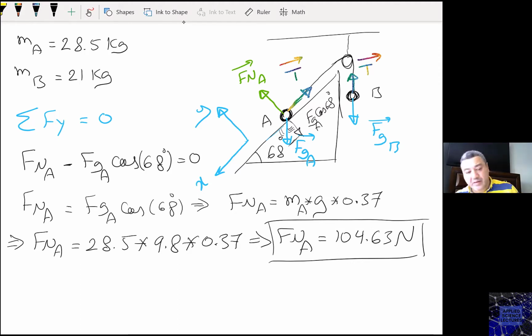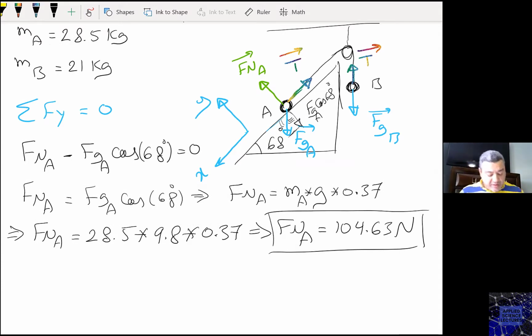Okay, good. Now let's go to the next part of the question, which is part B. Determine the magnitude and direction of the acceleration of box B. Hint: use Newton's second law to write an expression relating the forces acting along the incline on box A and its acceleration, as well as one relating the forces acting vertically on box B and its acceleration.